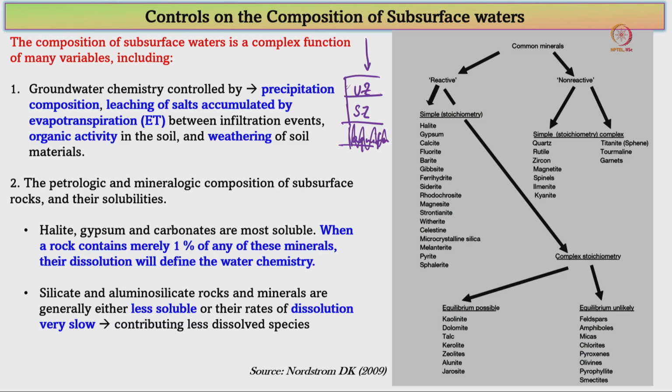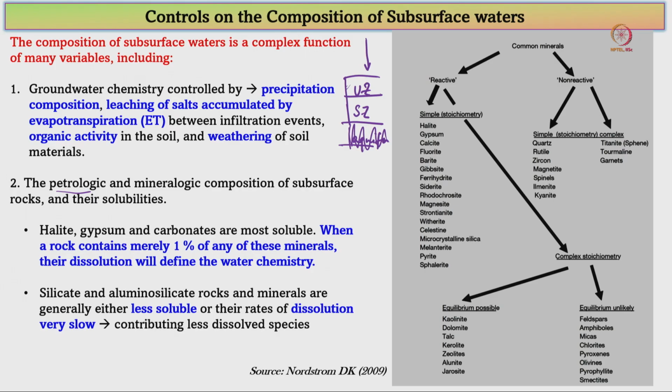Then there is the petrologic and mineralogic composition. What types of rocks are they? Is it an igneous, sedimentary, or metamorphic rock type? What kind of soil is it, whether black soil, red soil, or alluvial soil? Based on all these parameters we get to know our groundwater composition.